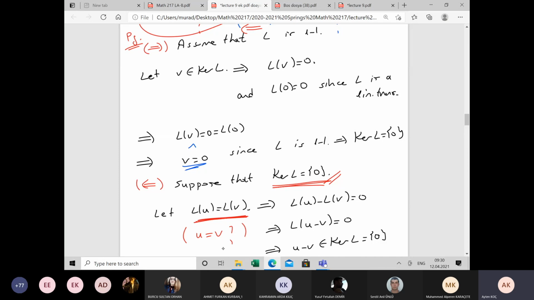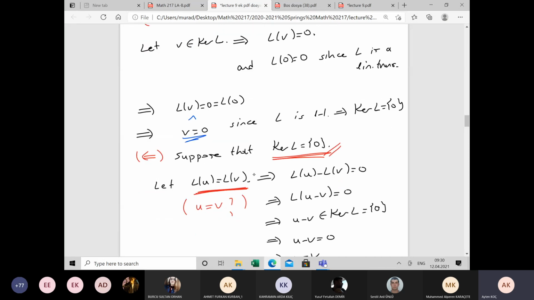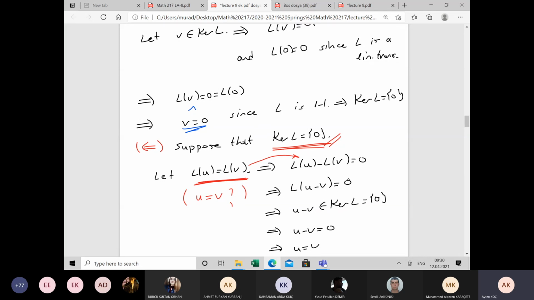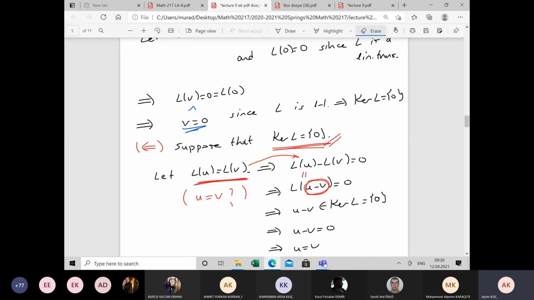So what does this mean? L of U minus L of V is 0. Since L is a linear transformation, the left side equals L of (U minus V), which is 0. So the image is 0, and this means U minus V is in the kernel, because the kernel contains vectors whose image is 0.